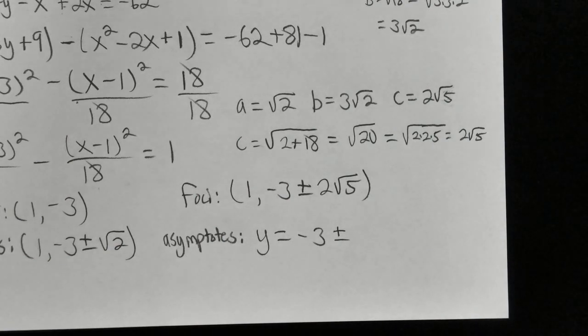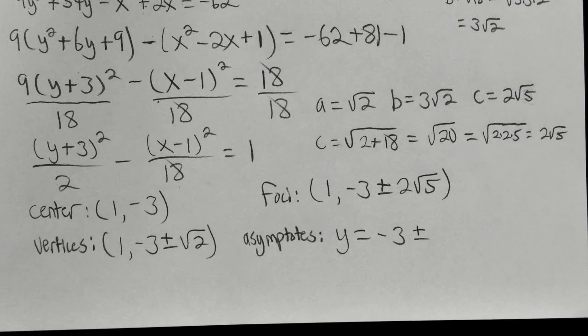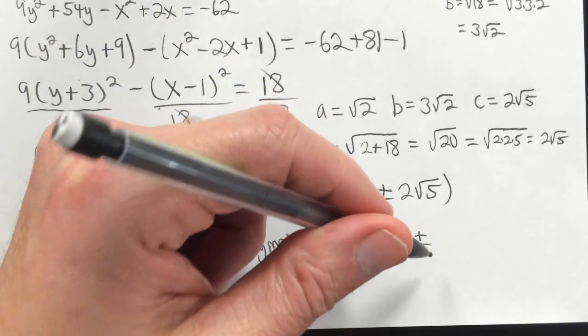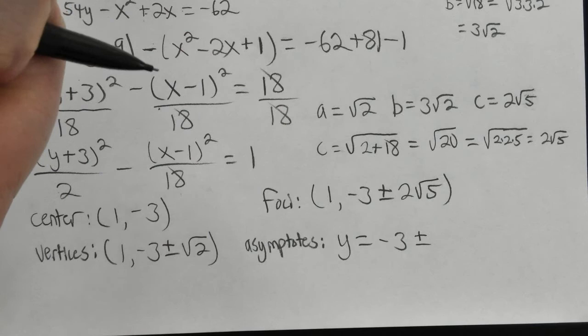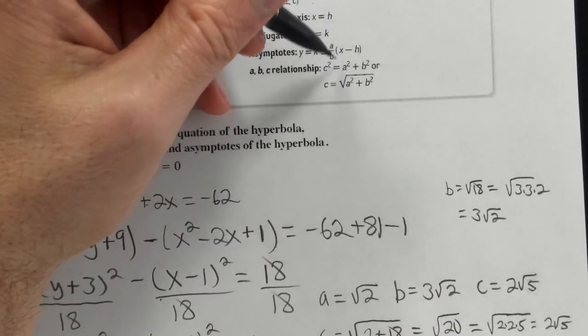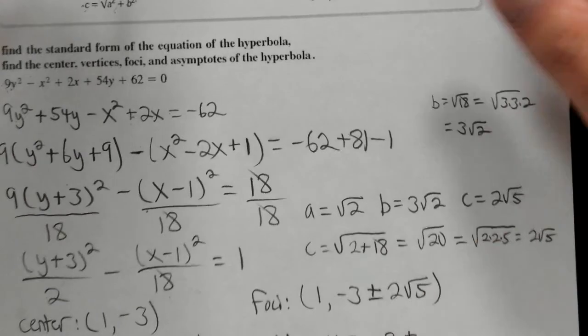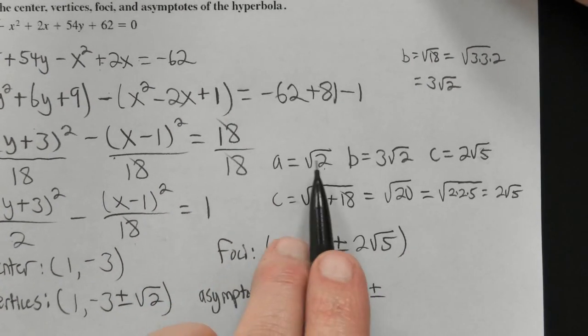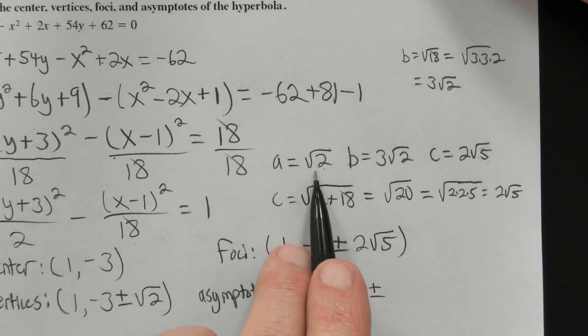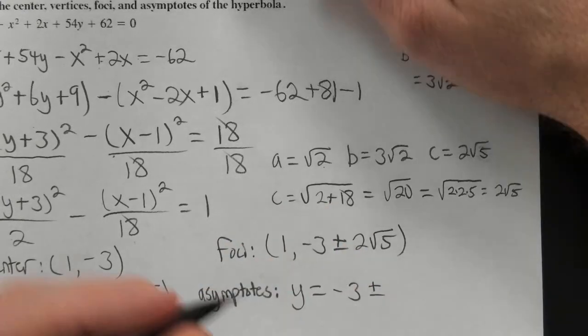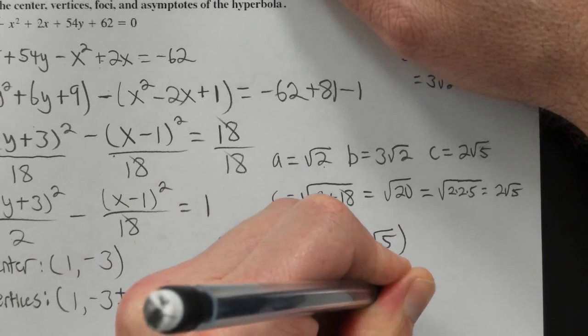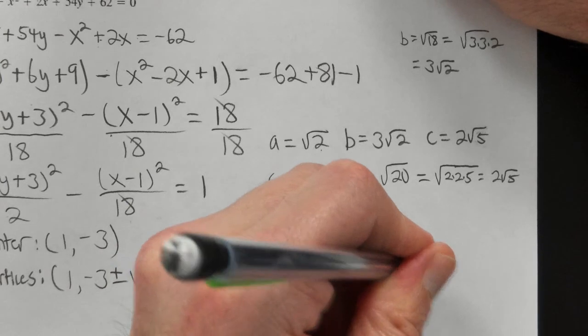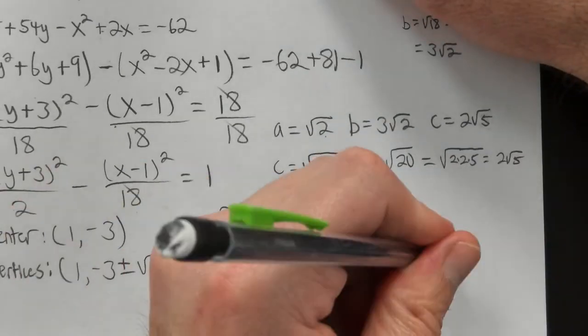The first fraction that we come to is going to be a over b, with a on top and b on the bottom. So that's the square root of 2 over 3 square roots of 2. The square roots of 2 cancel, and that fraction just becomes 1/3. Then inside the parentheses, we've got x minus h, so that's x minus 1.